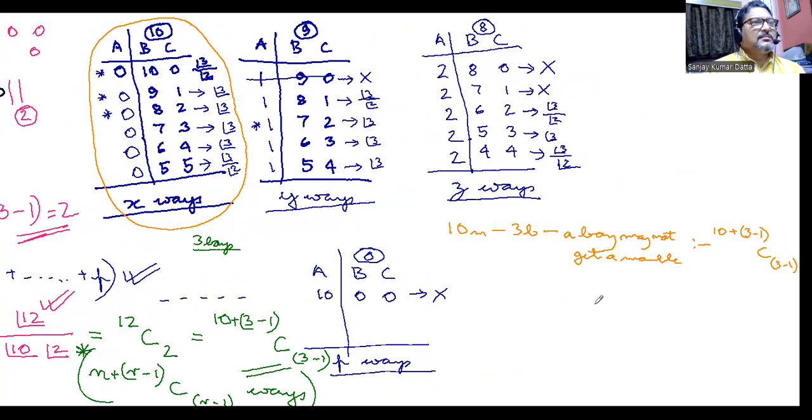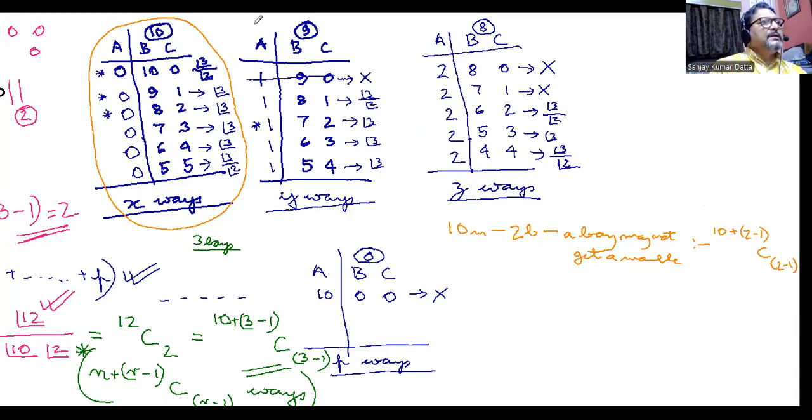Sorry, this was not distributed among 3 boys. My apologies. This was distributed among 2 boys, so that a boy may not get a marble. So what resulted was 10 plus 2 minus 1 C 2 minus 1. That's exactly what happened: 10 marbles were distributed among 2 boys.